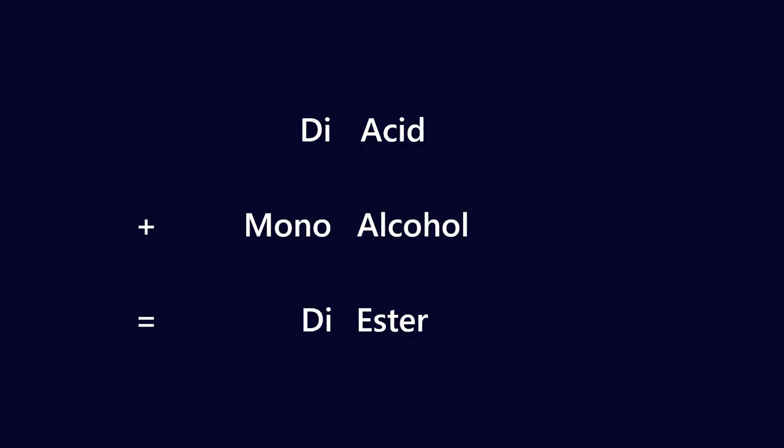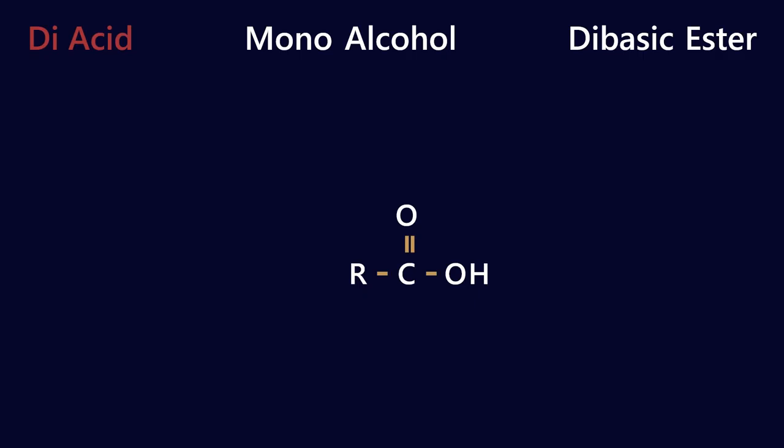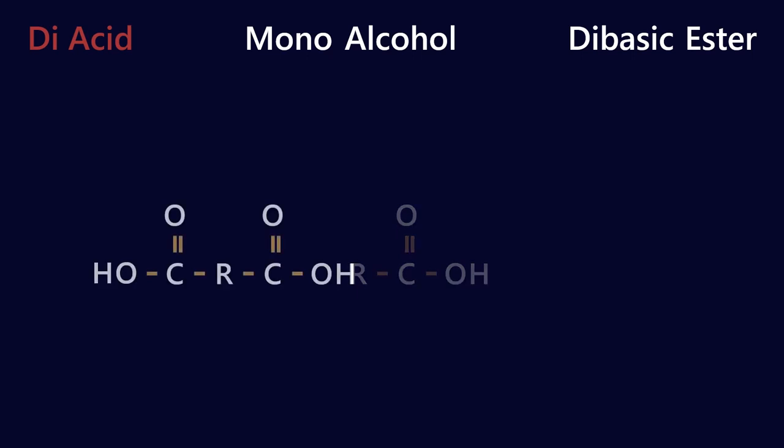So let's go back to the idea of a diester, and let's look at the synthesis in detail. What I need is an acid and an alcohol. So let's start with what a diacid is. If you remember, we had this carboxylic acid, so it's an organic acid. This would be a monoacid, and a diacid is just one which has two of those acid functional groups.